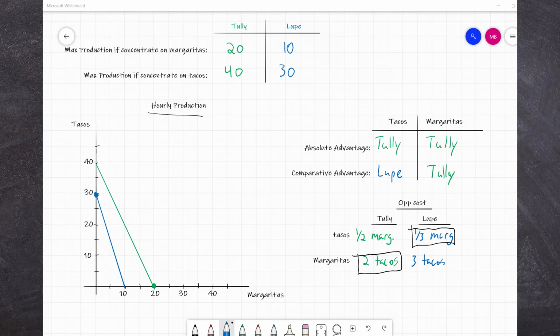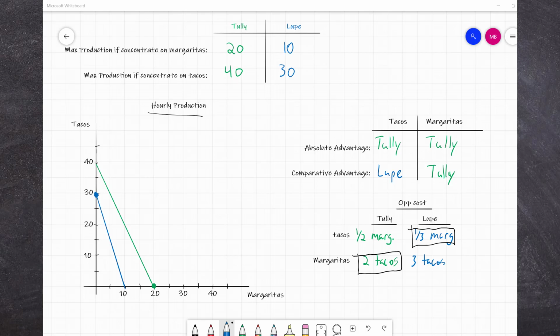So again, we can think of the terms of trade as being between the opportunity costs of margaritas, between 2 and 3 tacos. Each margarita is going to be worth between 2 and 3 tacos. And each taco is worth between 1/3 and 1/2 of a margarita. Again, we don't know a specific number, but we know a range. The exact number is going to depend on their bargaining power.